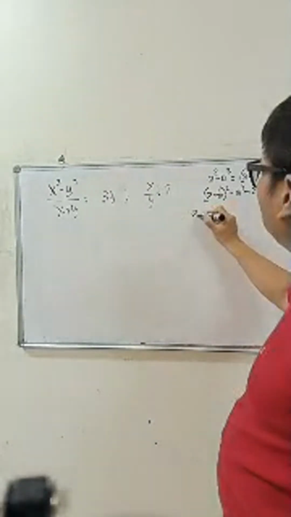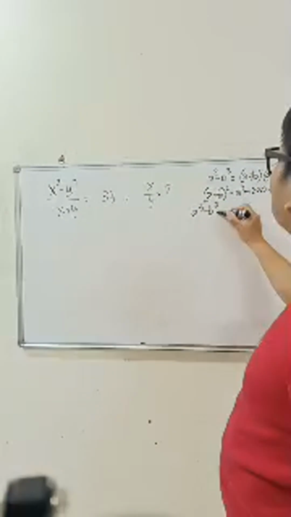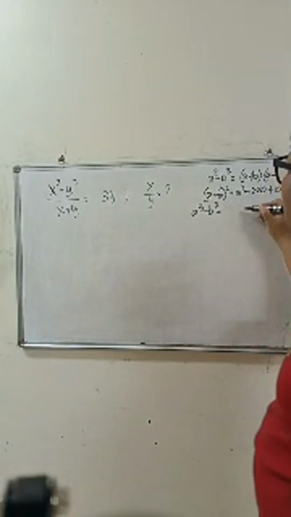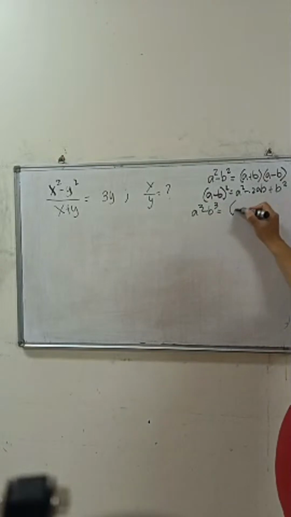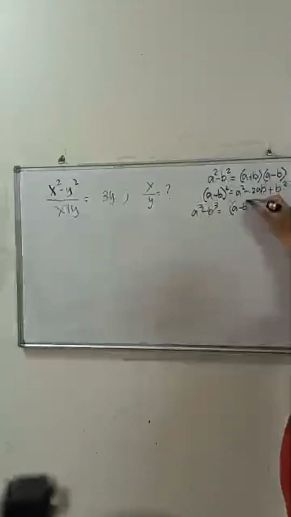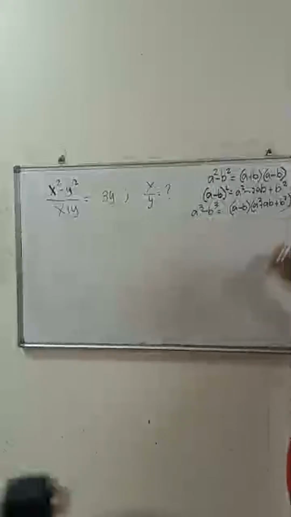Next, for the cube, we have a to the cube minus b to the cube. Get the point. How can we do this one? This is a minus b times a squared plus ab plus b squared.